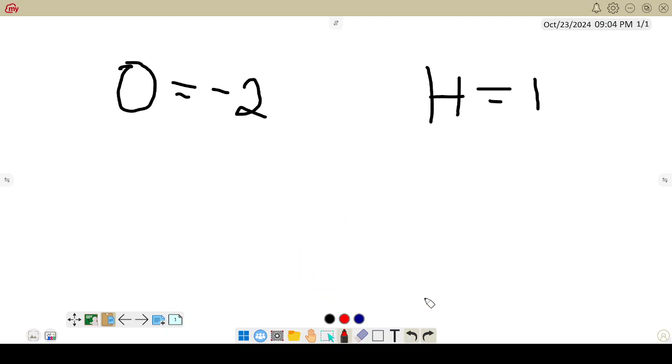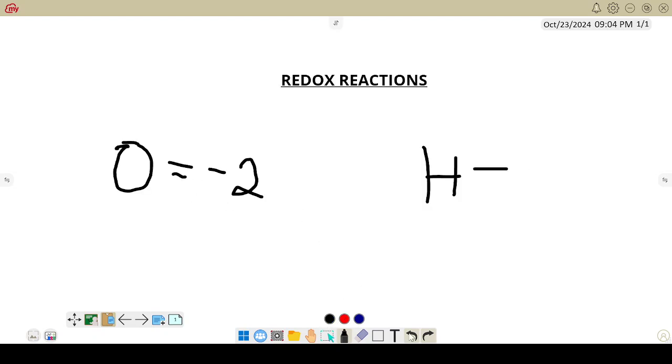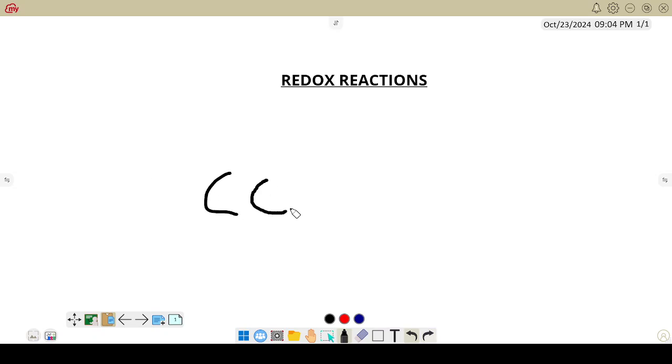Now, how do you calculate the oxidation numbers? We can have an example. Let us say we want to calculate the oxidation number of carbon in carbon dioxide.